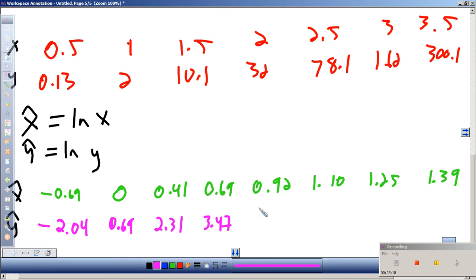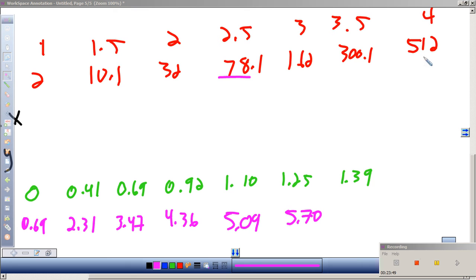Okay, 78.1. 162: 5.09. Okay, 300.1. Okay, and 512.